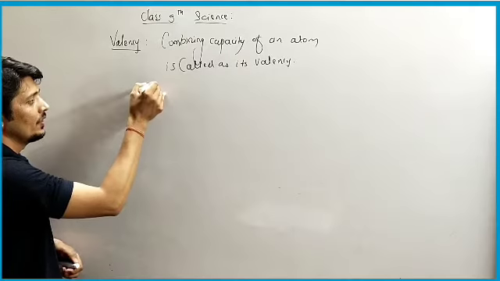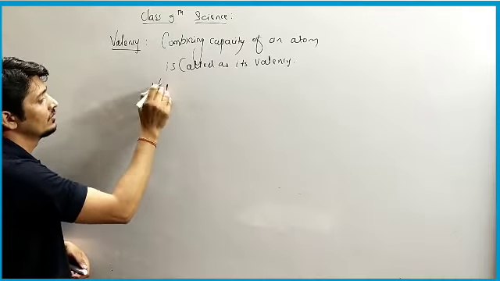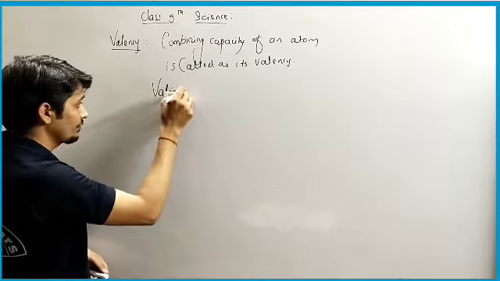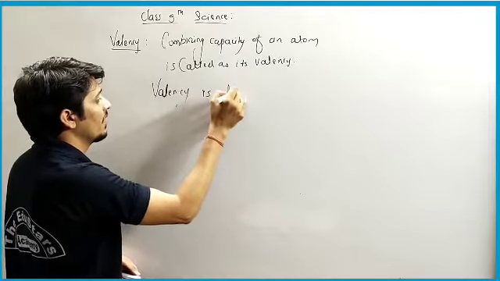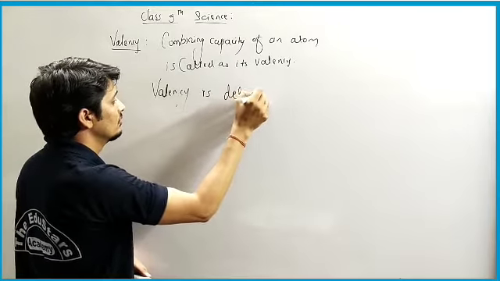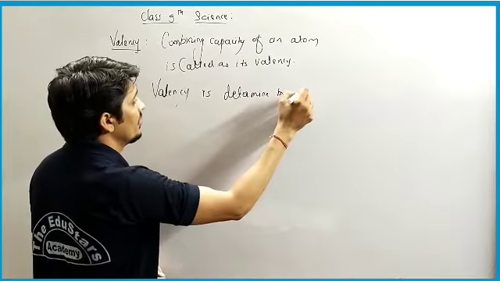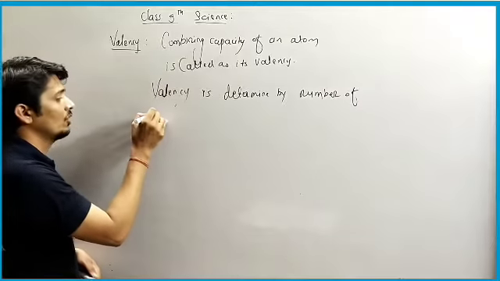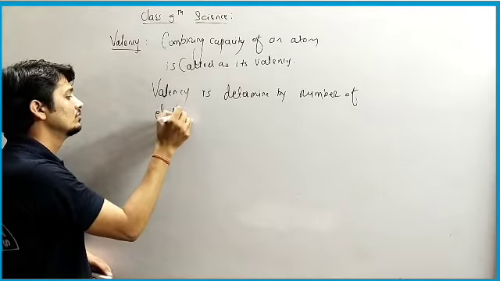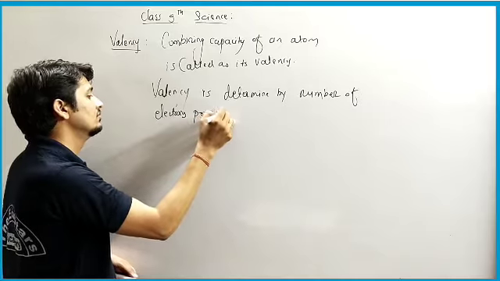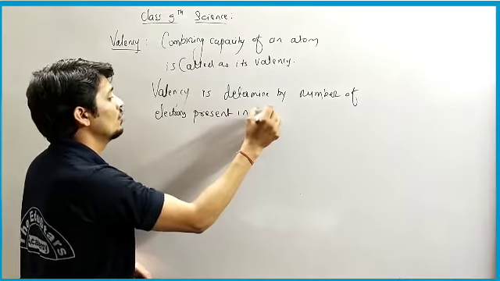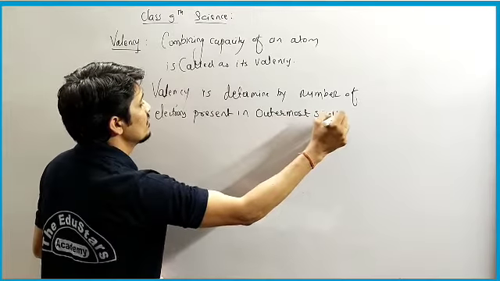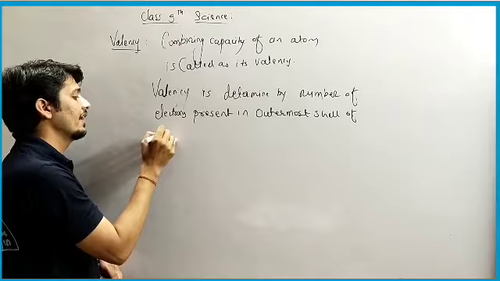So we have to write: valency is determined by the number of electrons present in the outermost shell of an atom.